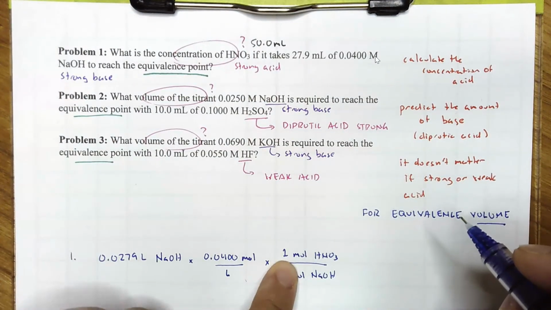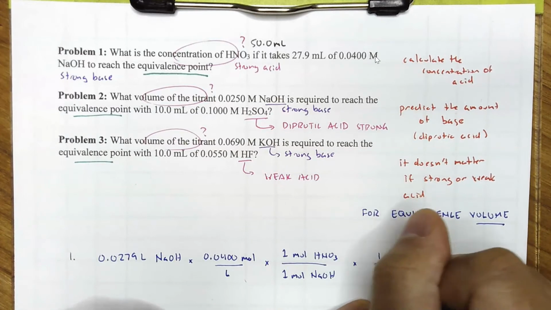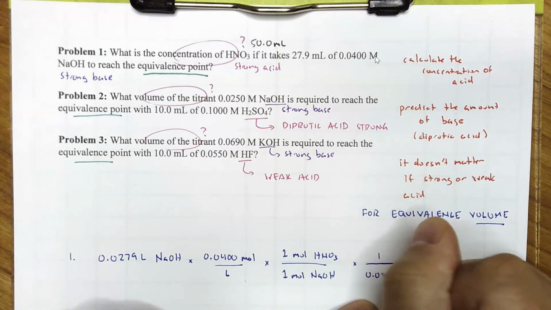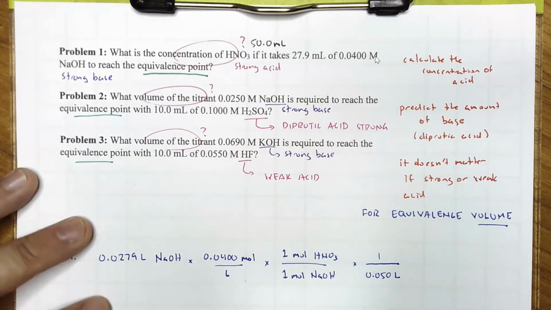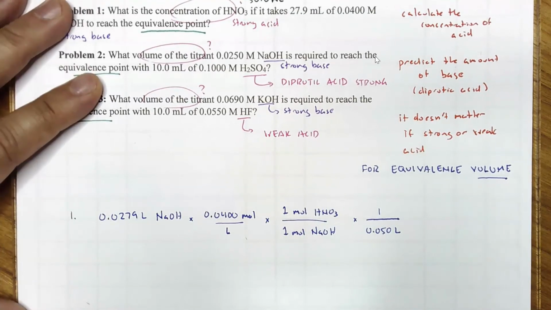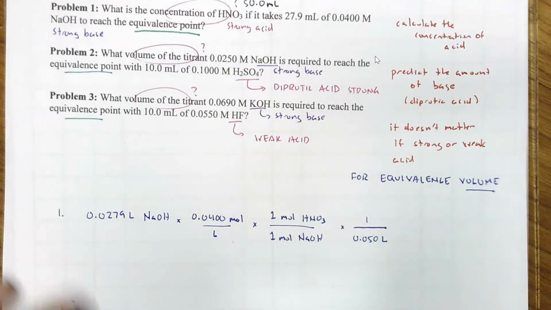Because we now have moles, and we need moles per liter, we're going to put liters on the bottom: 0.050 liters. Let me prove to you that the units cancel out properly to give us molarity.